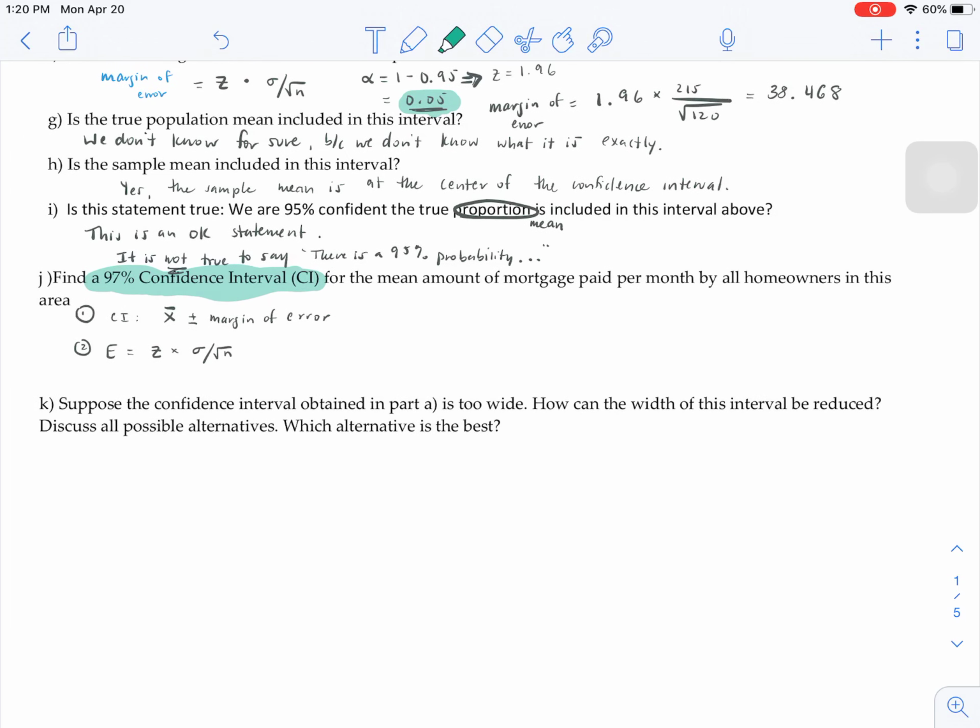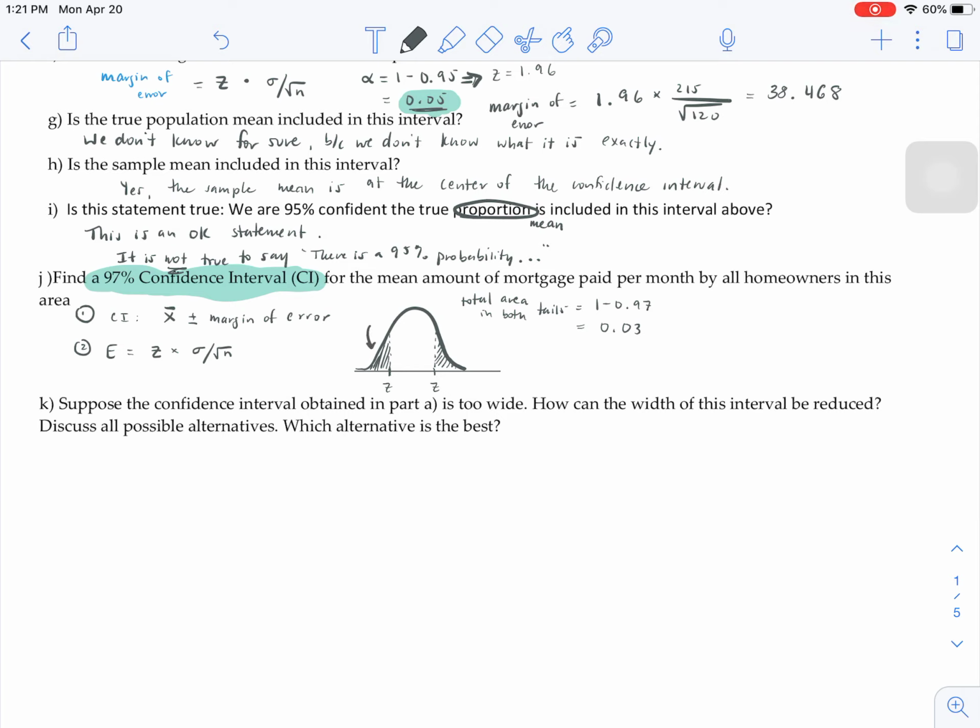So now in part J, we don't have a 95% confidence level, we have a 97% confidence interval. So that means that the total area in both tails is 1 minus 97%, so that's 0.03 or 3%.